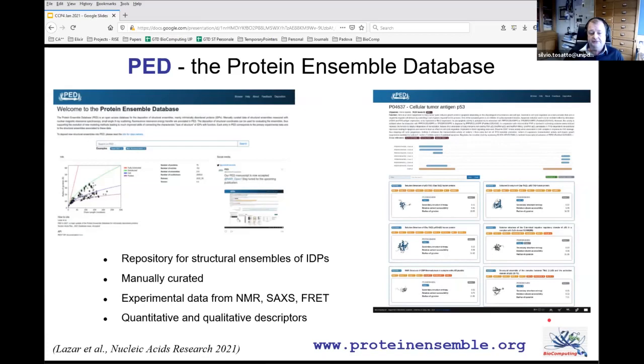It is a repository for these structural ensembles, and it is manually curated. It has quantitative and qualitative descriptors available. At present, there are over 100 different proteins for which this information is collected, and this is a collaborative effort, including a dozen different experimental groups who have been contributing to the database. You may want to have a look at this if you're interested in the actual ensembles.